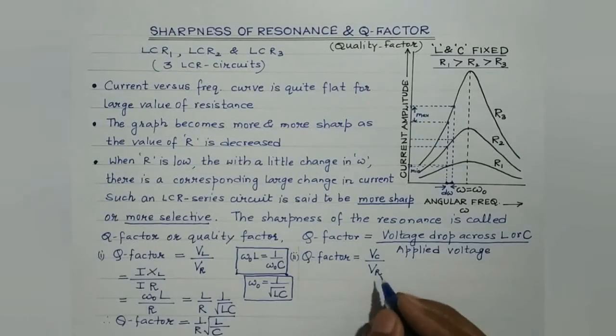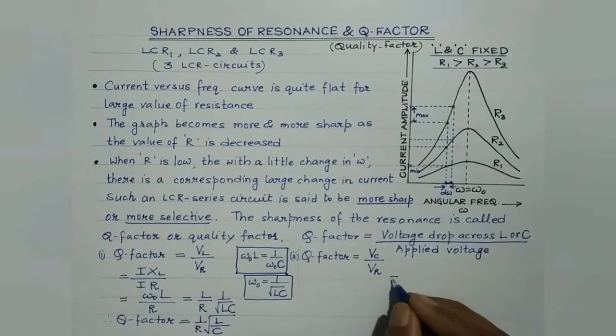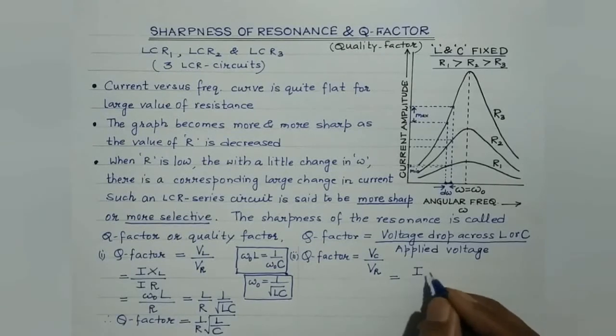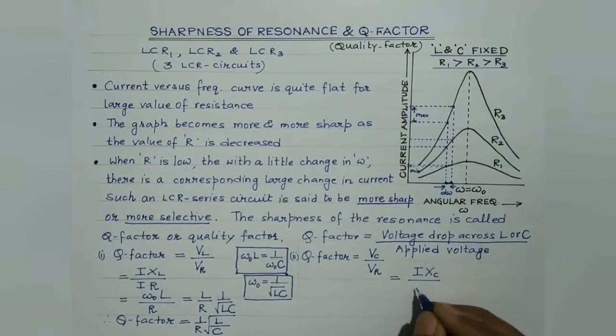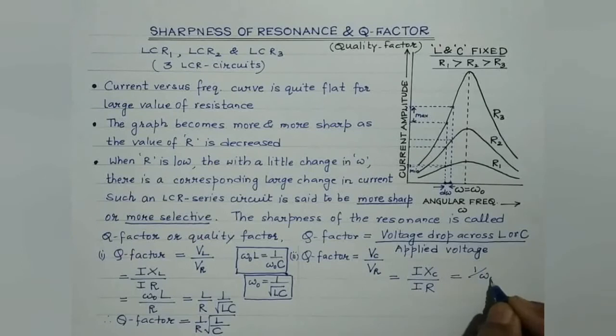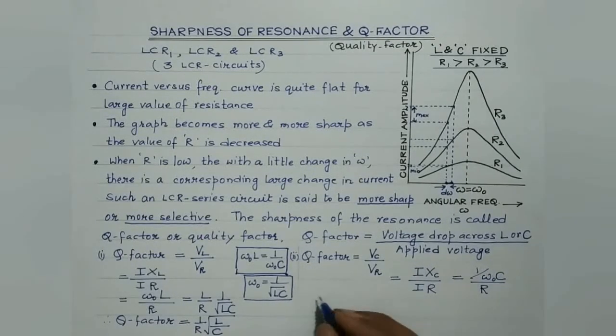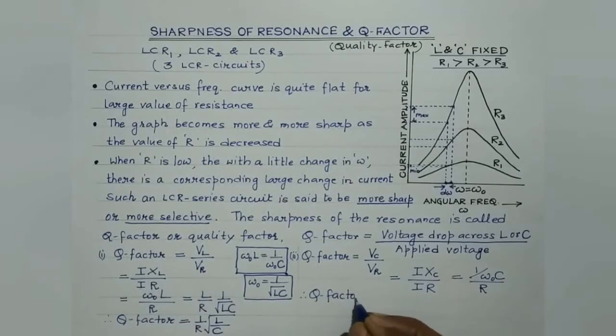Now let's consider this formula. We should get the same value, right? Let's solve it. It will be equal to VC, which is equal to I into XC. VR would be equal to I into R. I gets cancelled. XC is 1 by omega naught C, divided by R. So the Q factor may be written as 1 by omega naught CR, right?